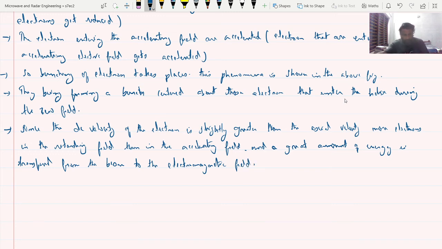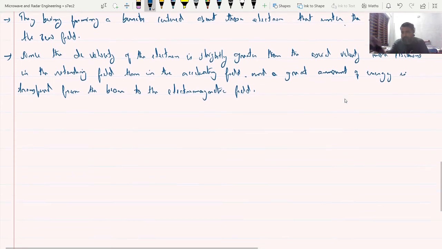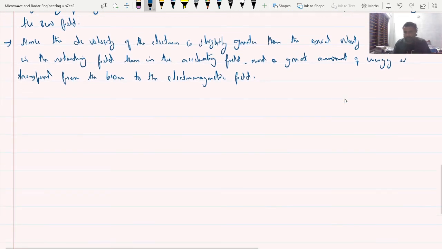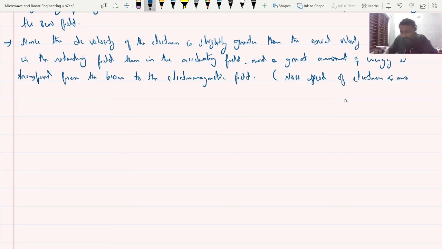So if you want, you can write in bracket also, but now the speed of the electron is more than the wave velocity.